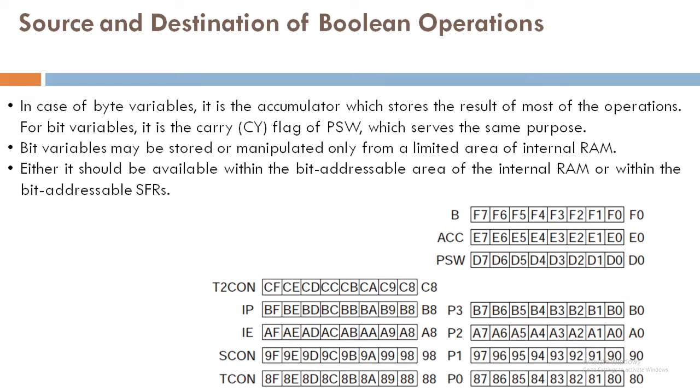It is also an SFR, and the direct address is E0. But again, if it is bit addressable, then the other addresses like E0, E1, E2, E3, E4 and so on are the bit addresses. Similarly, other registers available in the SFRs are also bit addressable.